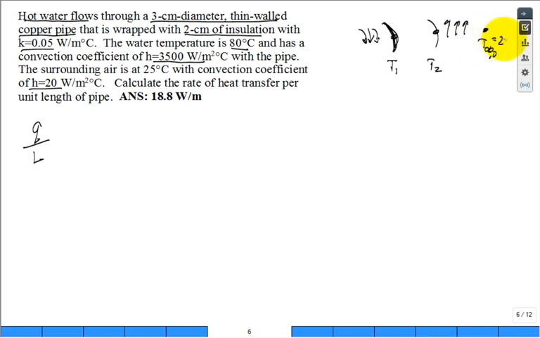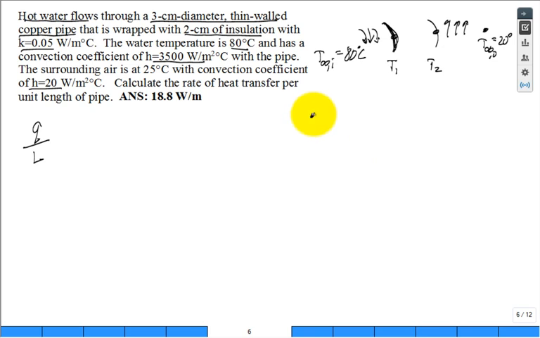What is that, 20 degrees C? And then this is the temperature of the fluid on the inside, which is 80 degrees C. So T1 is going to be close to 80, and T2 is going to be closer to 20 than it is to 80 or whatever. It's going to depend on the values of the h's, how close they are.